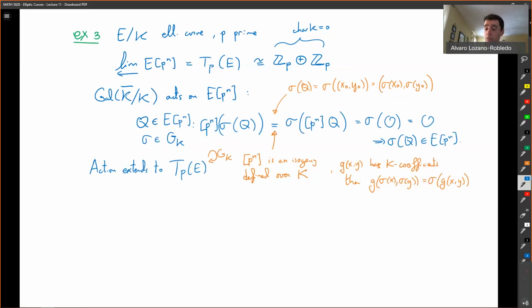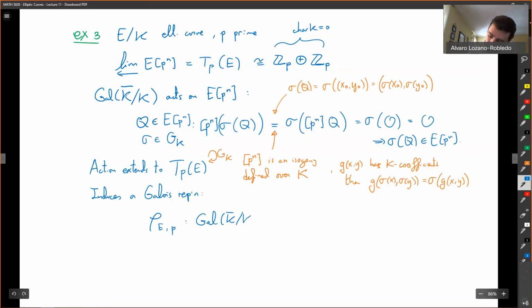Since the Tate module is 2 copies of Z_p, what I get now is a Galois representation, which we are going to call rho of E,p, that goes from the absolute Galois group of K to the automorphisms of the Tate module.